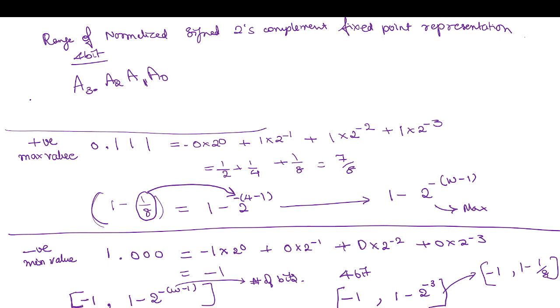Ma'am, that maximum range 1 minus 1 by 8, can we put it as 7 by 8? Yes, we can put it as 7 by 8, but to get a formula we need a general formula. One option in that question is that the maximum range is 7 by 8.